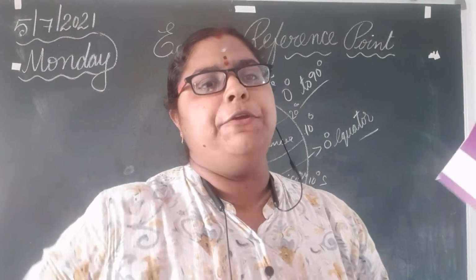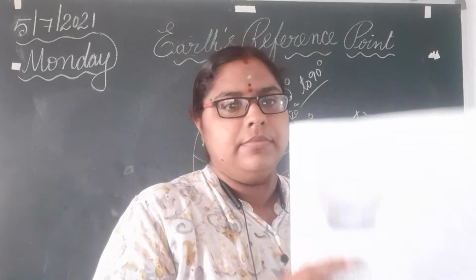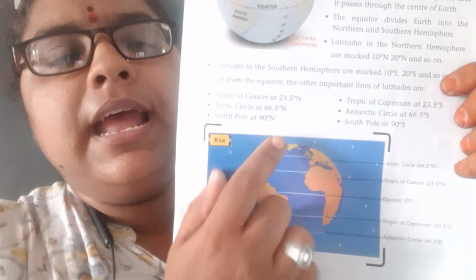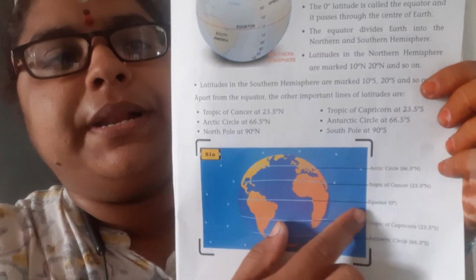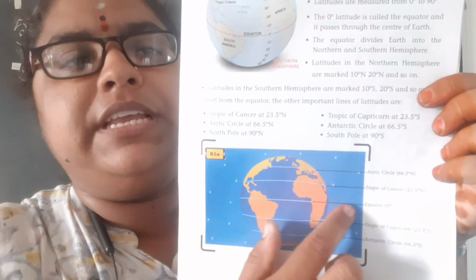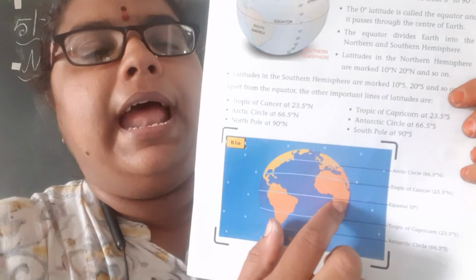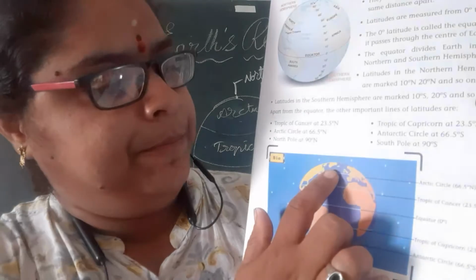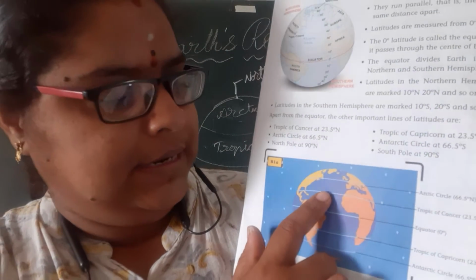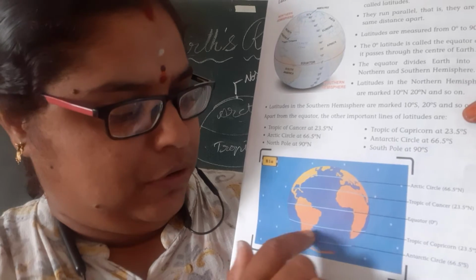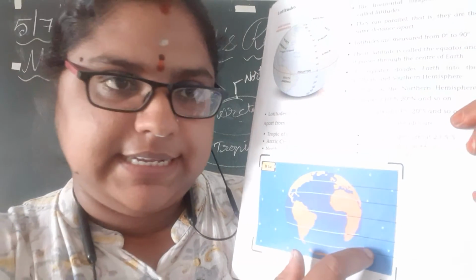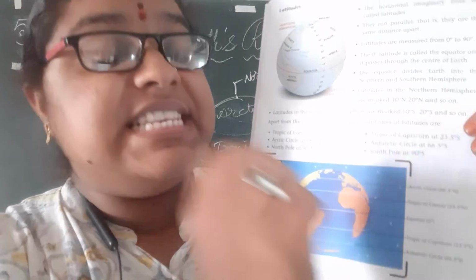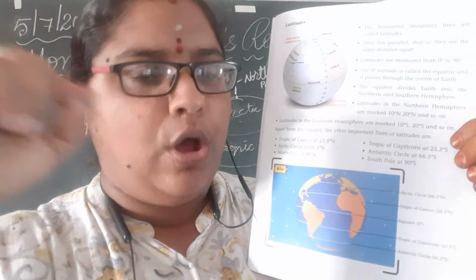See this picture, all of you. This is our earth, and this is the equator in the middle, 0 degree latitude. This is the Arctic circle, this is Tropic of Cancer, and this is Tropic of Capricorn. Arctic circle is at 66.5 degree north.